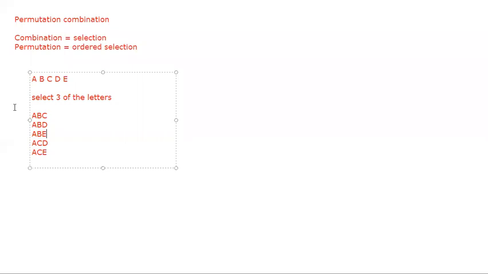So ACD, ACE is done. Now the AC combination is done, so next go to AD. With AD, I'll only get ADE. So I have finished everything with A. Now let's move on to B. With B, the BA combination we have already considered, so I'll go to BC directly. Then BCD and BCE.